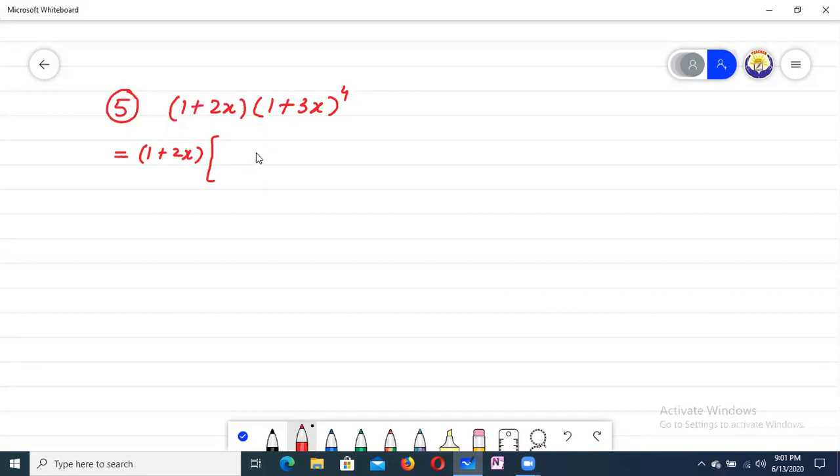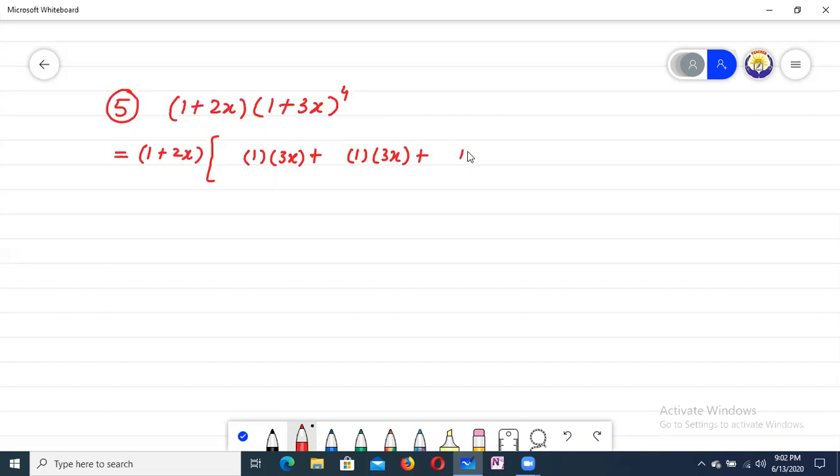In that, first of all, we will write the product of both the terms in the different terms. As the first term is 1 and the second term is 3x. How many terms will be here in it? As here the index is 4, the number of terms will be 5. This is the first term. Then 1 into 3x the second term.